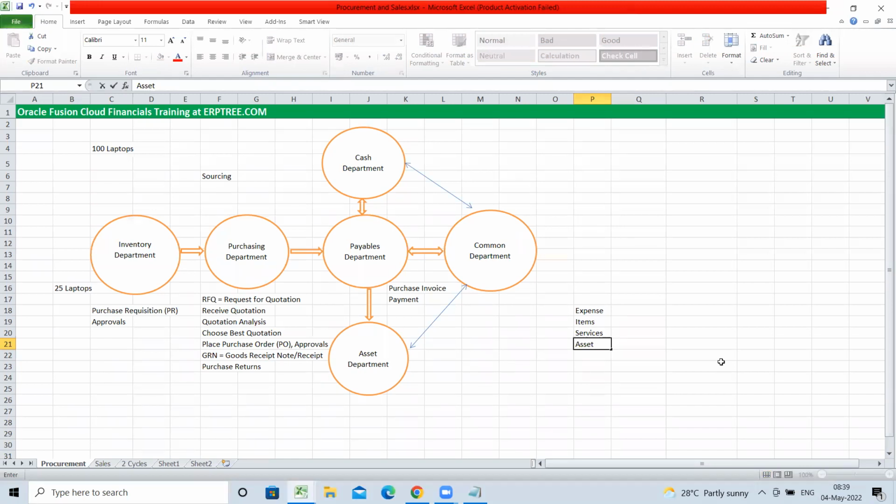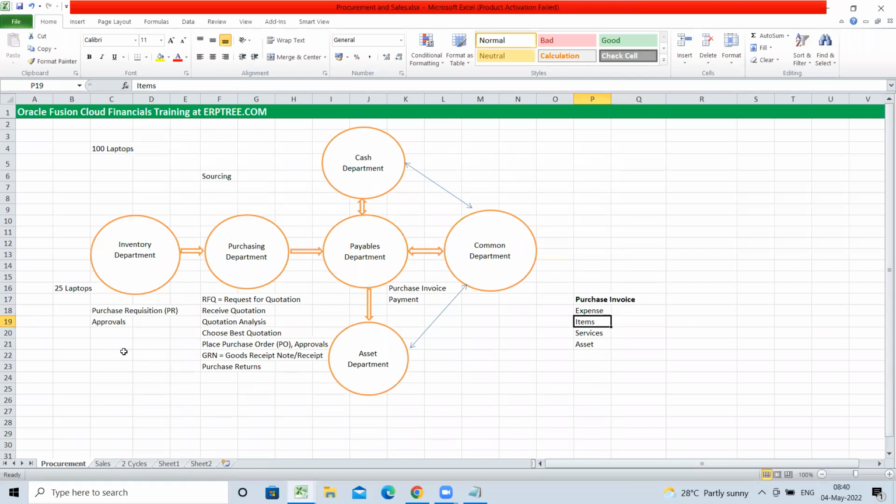That means the purchase invoice you create within the payables can be an expense related purchase invoice or an item related purchase invoice.